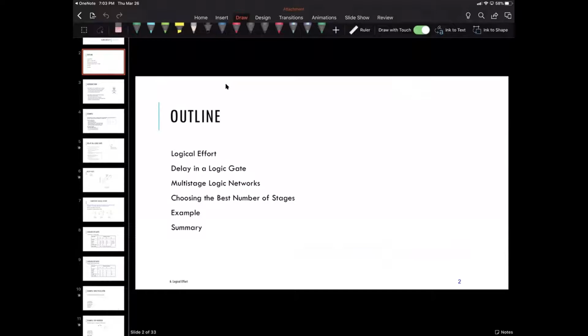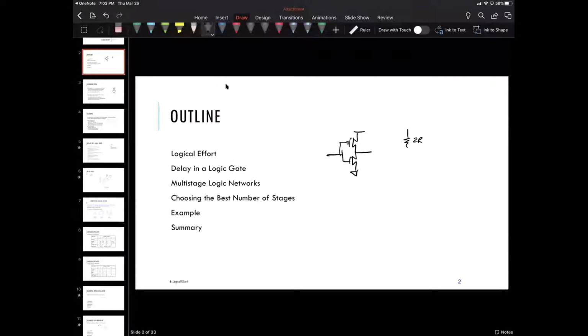We talked about the time domain characteristics. So what we did was we basically modeled something like an inverter with resistors.